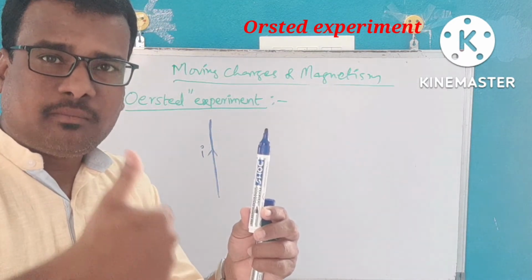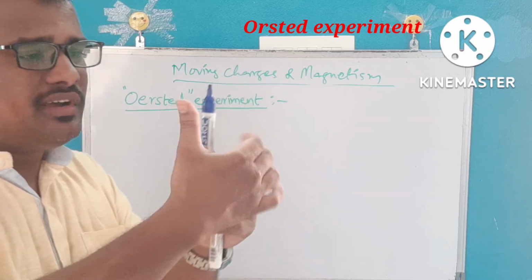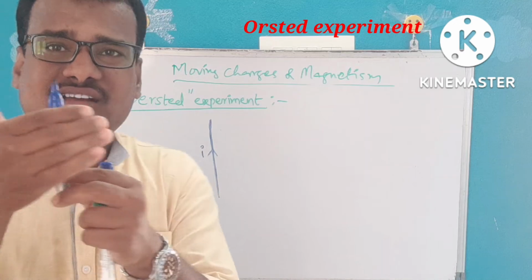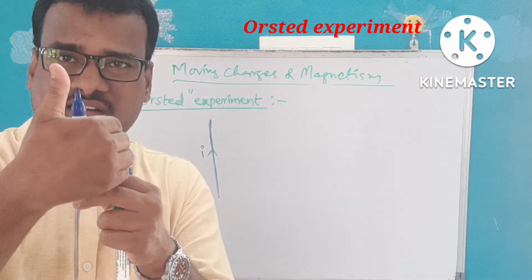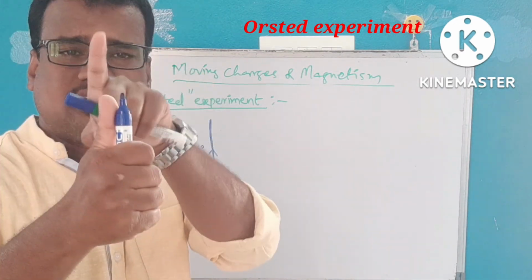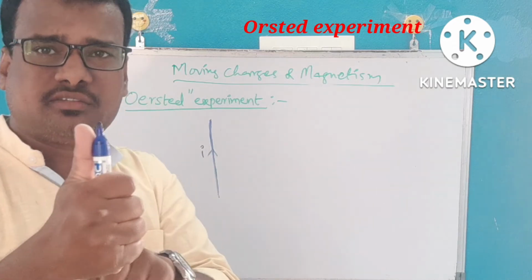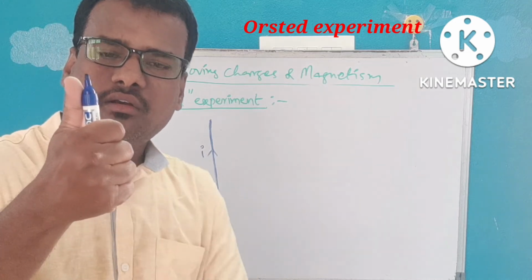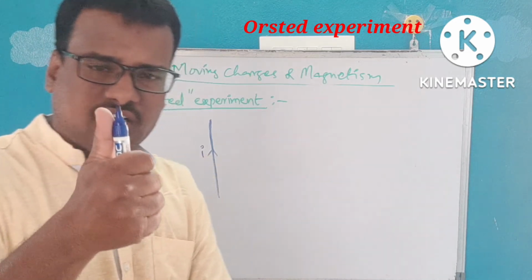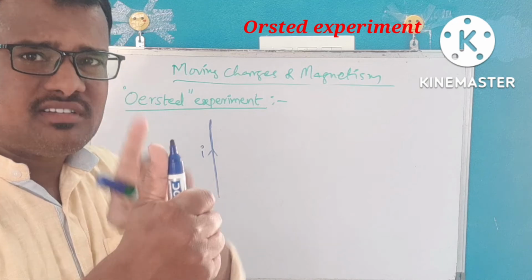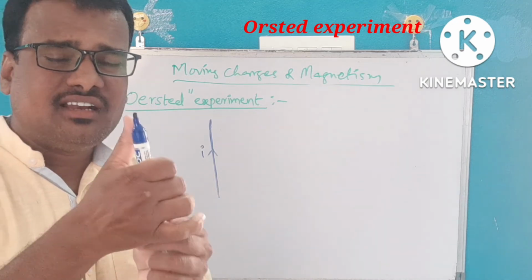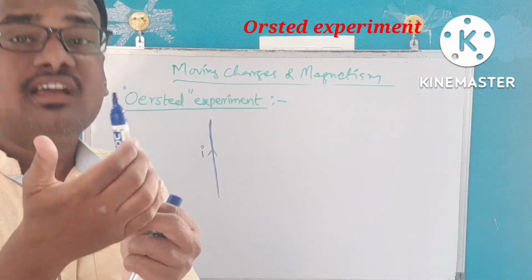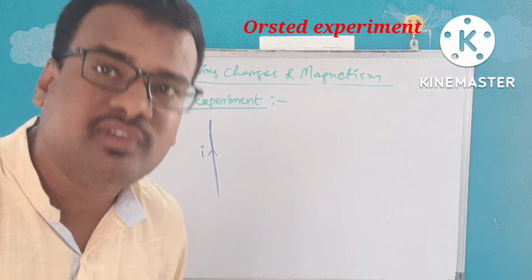We place our thumb in the direction of the current, and the curl of the fingers is like this. The thumb represents the current direction, and the curl of the fingers around the wire represents the magnetic field direction.